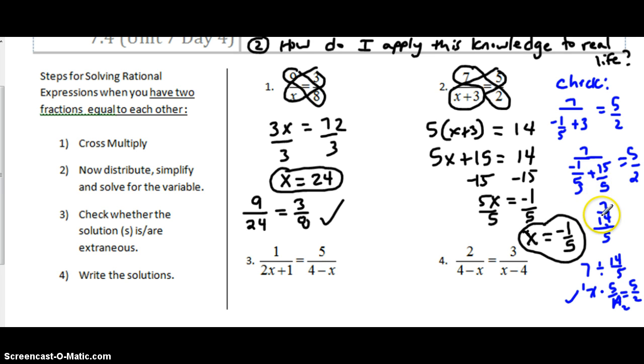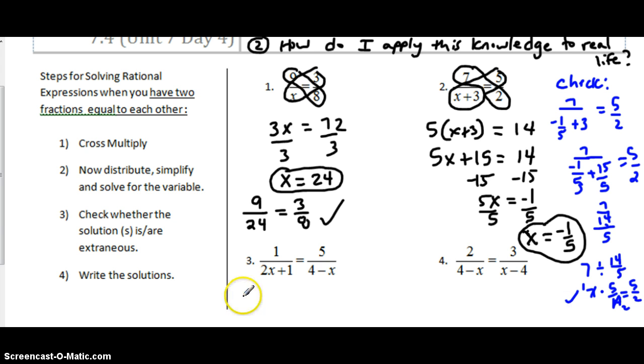So then you have 7 divided by 14 over 5. Then multiply by the reciprocal, and 7 over 14 simplifies to 1/2, which is equal to 5/2.